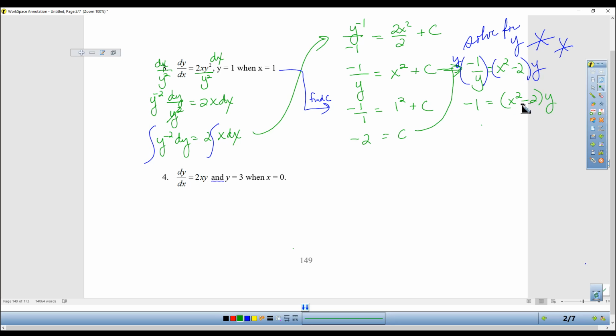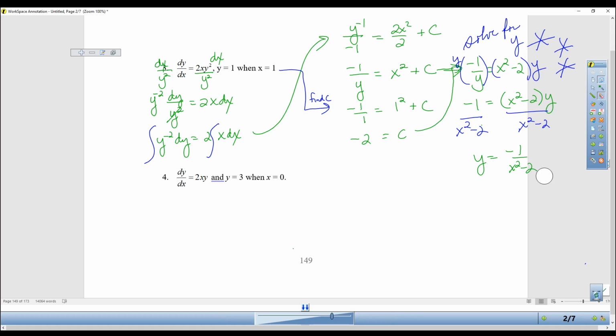You'll have a y there and a y there, and you'll have to factor it out. So leave it factored out, but now you can divide both sides by x squared minus 2. I would definitely say on this problem, clearing this fraction is the number one mistake that I see. Just warning you. So y is equal to negative 1 over x squared minus 2.